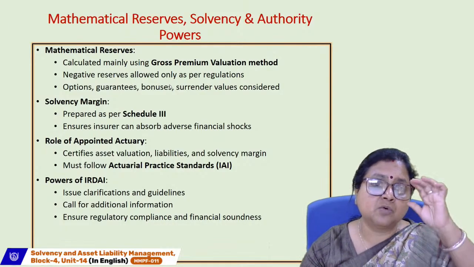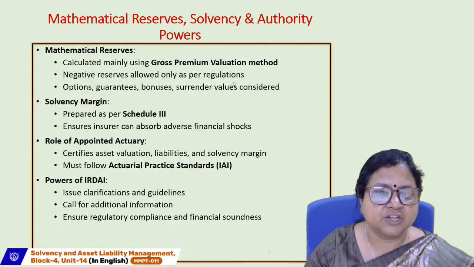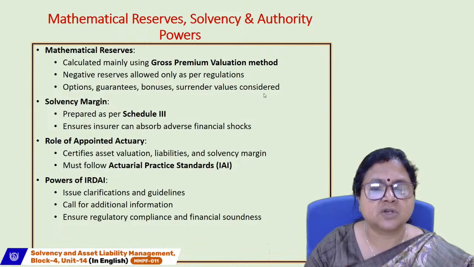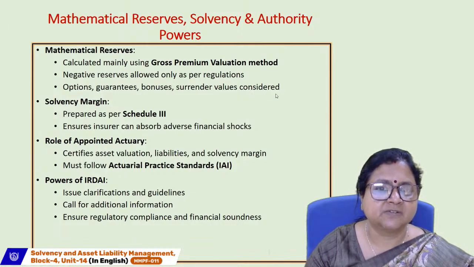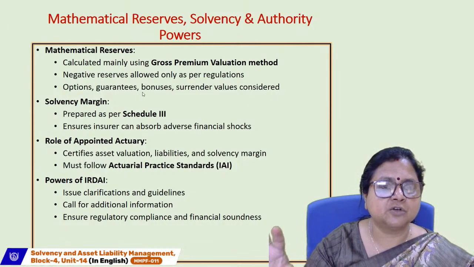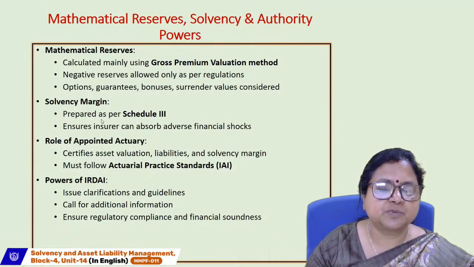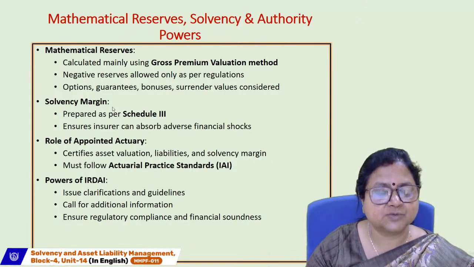Negative reserves are allowed only as per regulations. Options, guarantees, bonus, and surrender values are also considered while you are calculating your final liability. Solvency margin is prepared as per Schedule 3. Solvency margin, as initially we have discussed, is 150%.